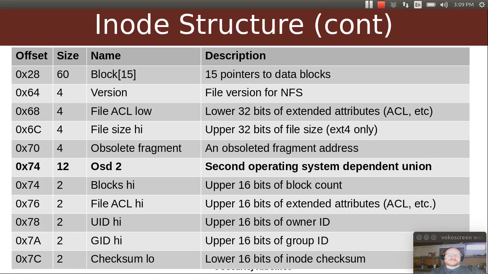There's an obsolete fragment address, and then there is the second operating system dependent structure. In it, you see things such as the blocks, the upper 16 bits, file ACL, again, upper 16 bits, same thing with user ID and group ID. And then there's a checksum for your inode.